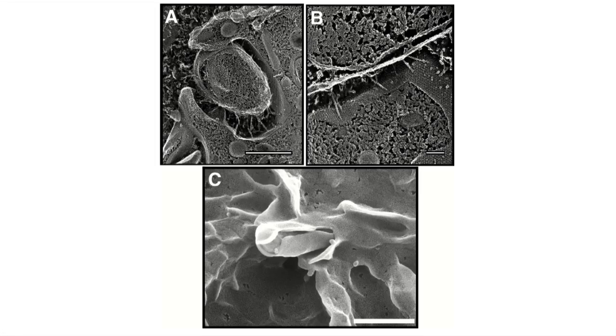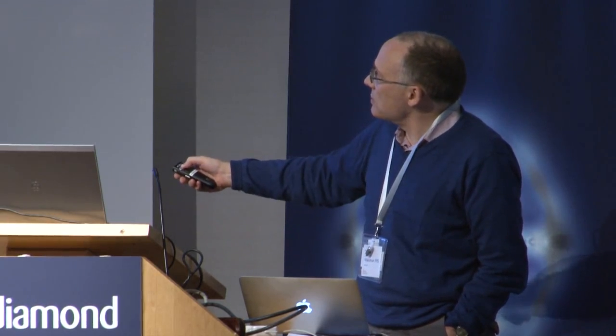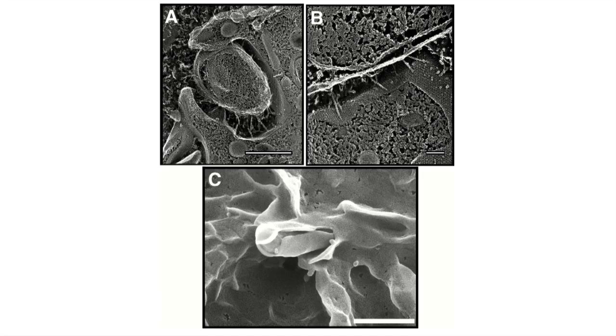What I'm showing here on the left is the detail of a bacterium. So this is what I'm showing here with my pointer. A bacterium, it's a uropathogenic Escherichia coli, so it's a bacterium that infects the urinary tract in humans. And the thing that's starting to surround the bacterium is the bladder epithelium.